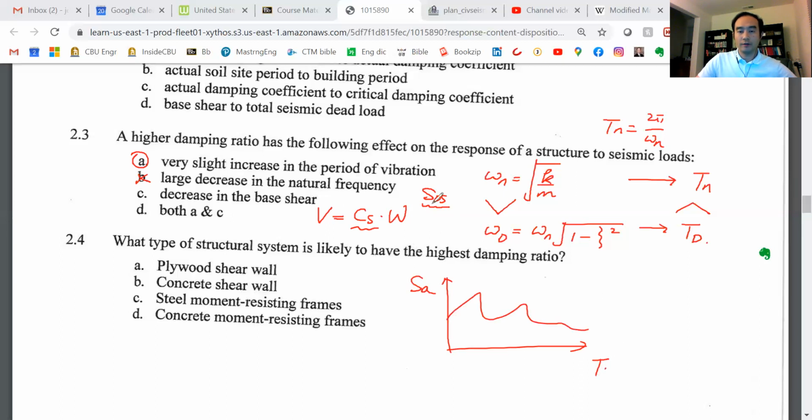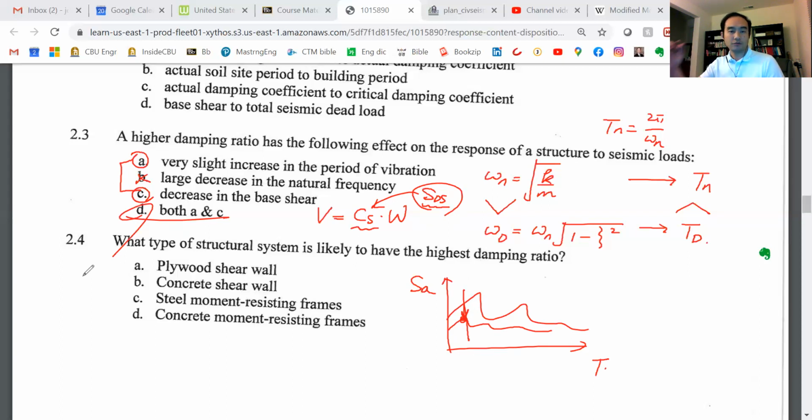When you have higher damping, we will expect a smaller value of spectral acceleration, right? So with a given period, we have a smaller spectral acceleration, and this is inside the Cs. So I would say the decrease in base shear is another characteristic. So both A and C, so the answer is going to be D.